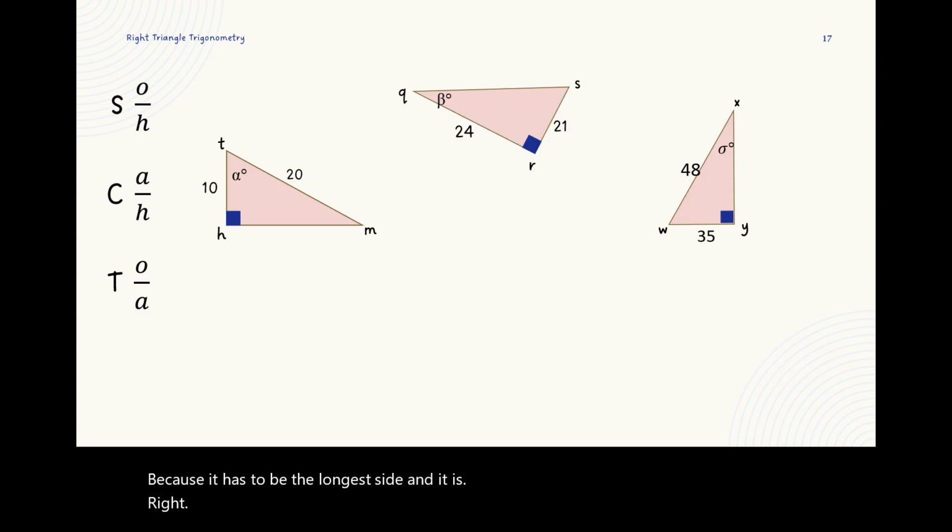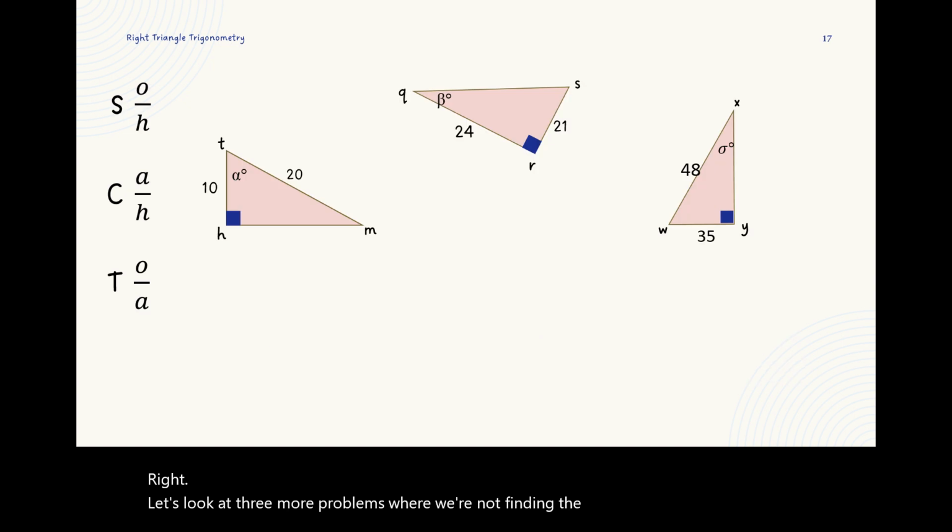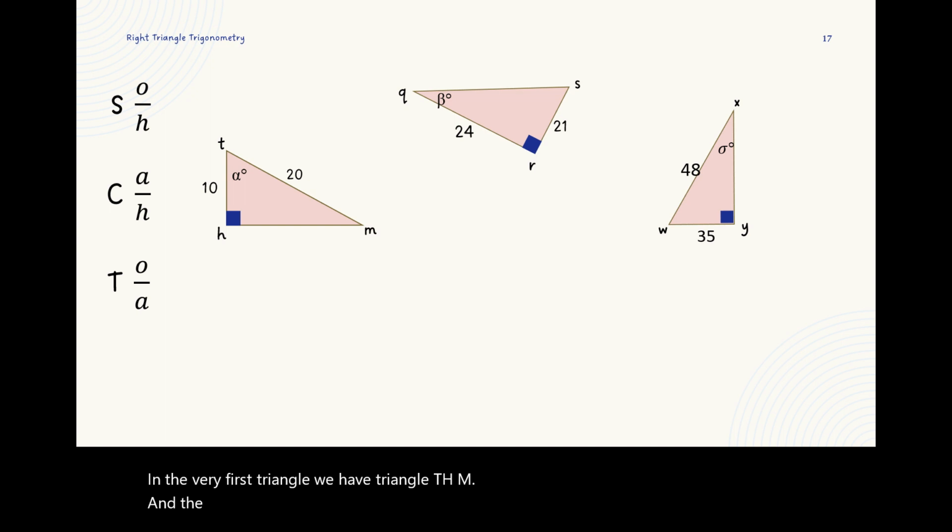Let's look at 3 more problems where we're not finding the side, but we are finding the angle. In the very first triangle, we have triangle THM, and it has an unknown angle alpha at T. So I'm going to zero in on that angle.